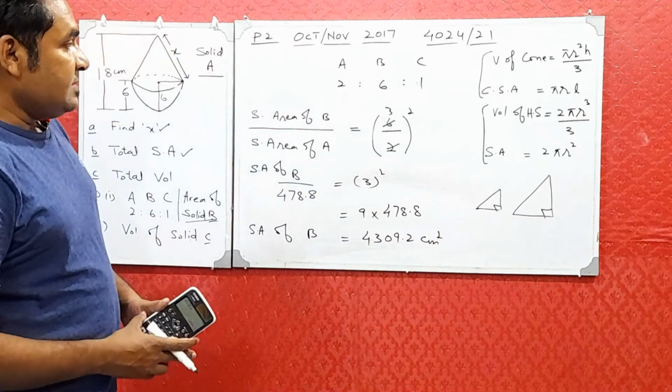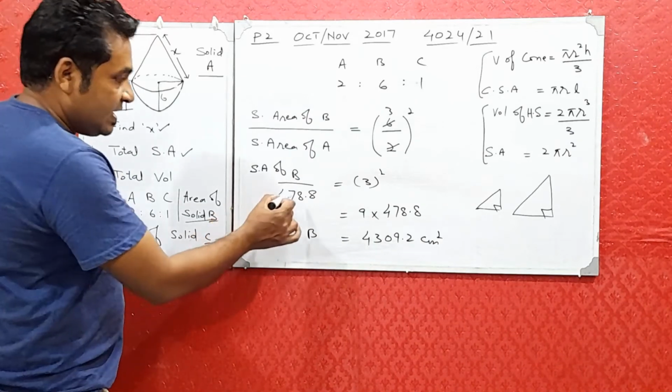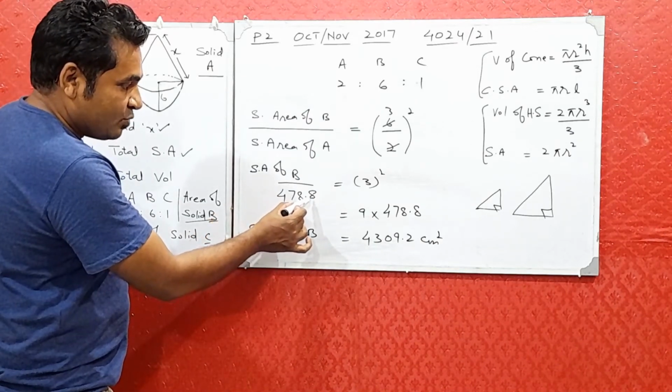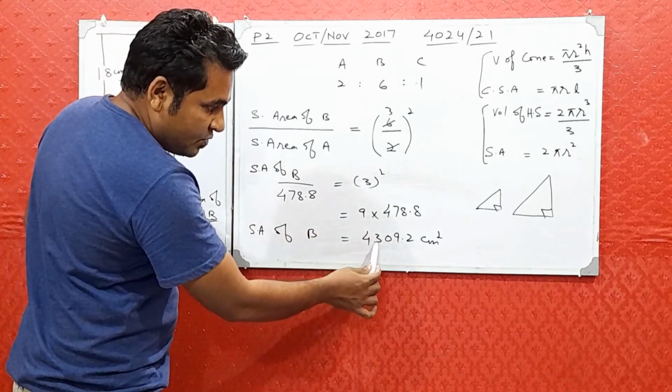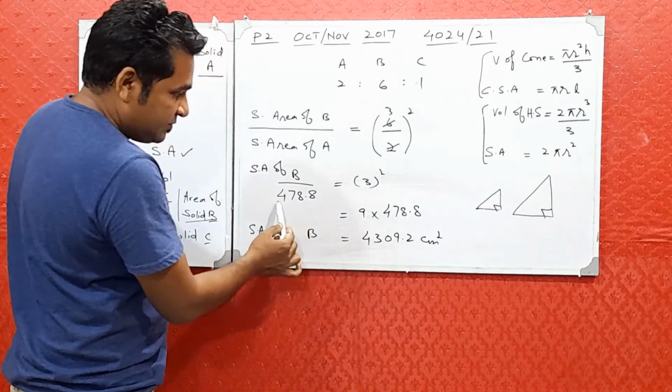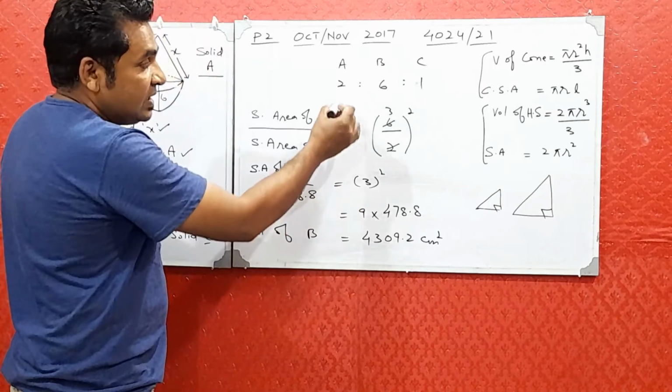Now you can see that the surface area of A was 478.8 and the surface area of B was 4,000 plus.